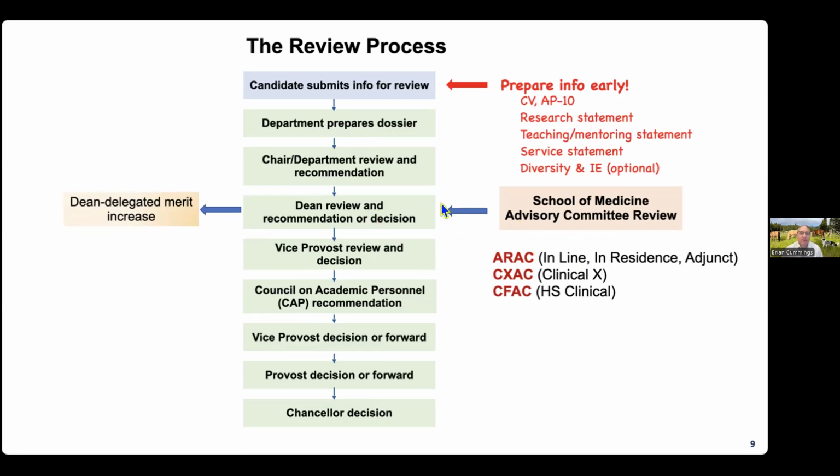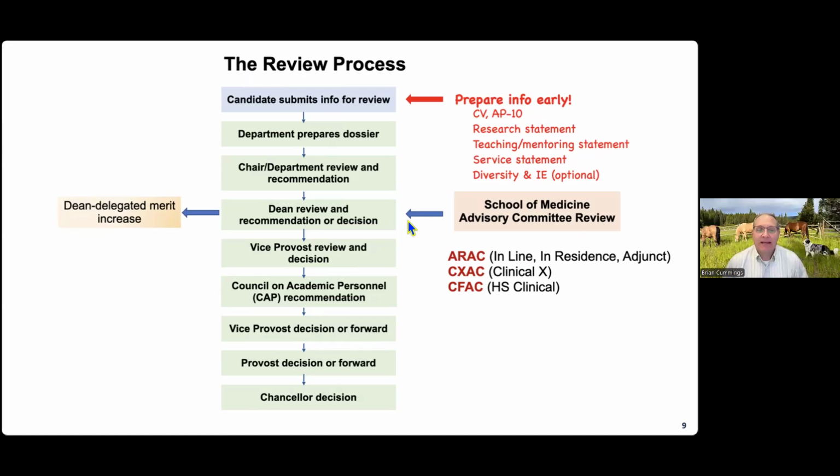So these committees are very important to giving feedback to the campus committee, the campus academic personnel committee, but also in the case of dean delegated merit increases, these committees just pass the file on then to Kyoko or Mohammad for their evaluation about being a dean delegated merit increase.